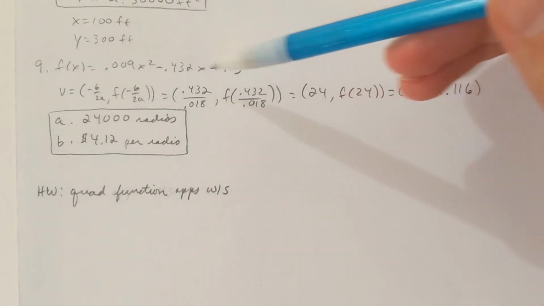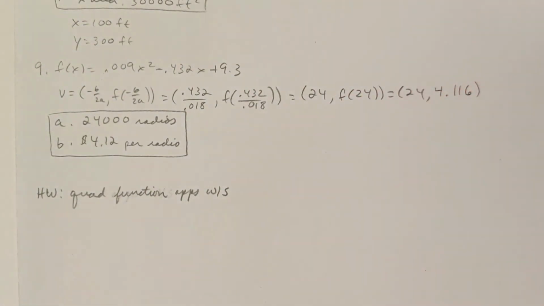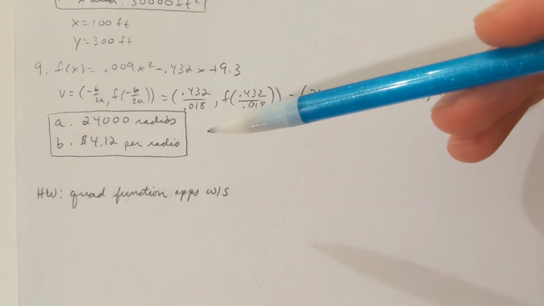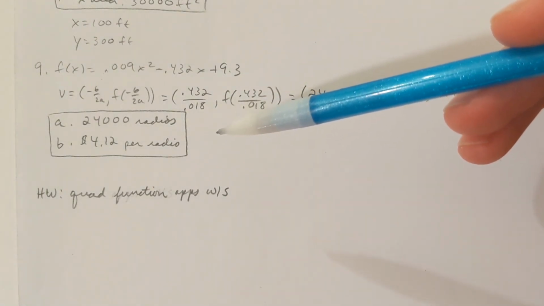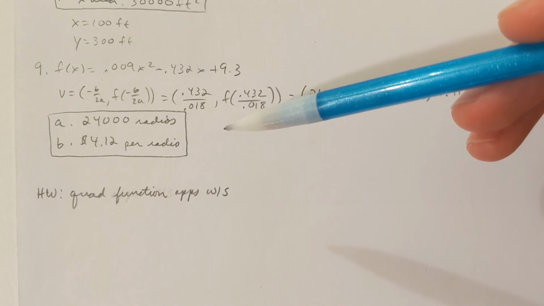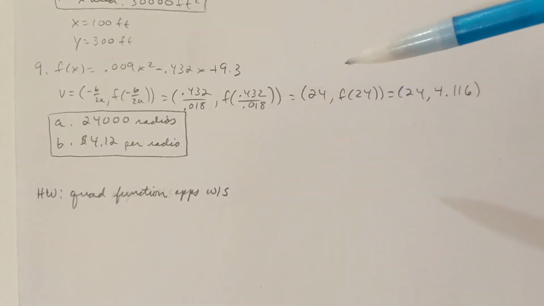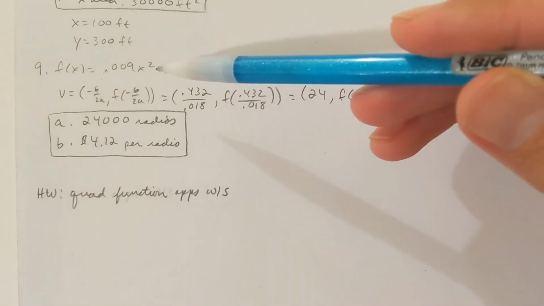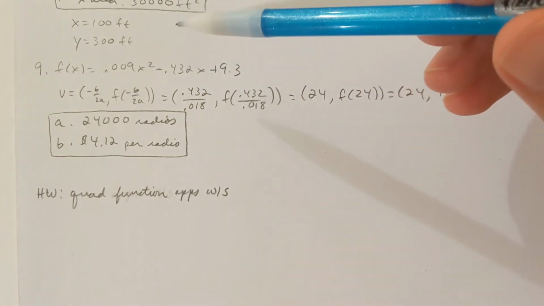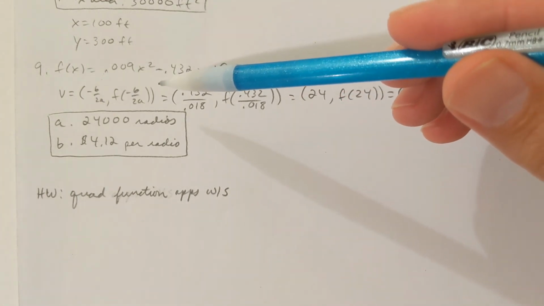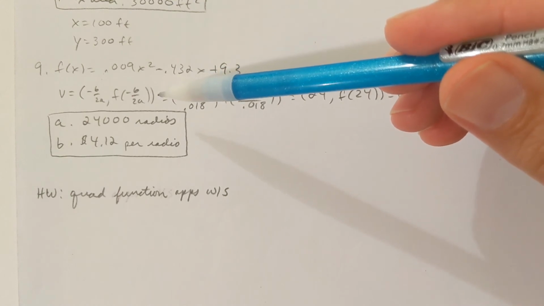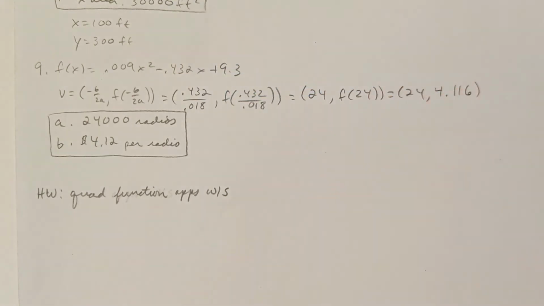Well, I've got the function written. Okay, now a key thing in both parts is the word minimized. Okay, so in other words, we have a parabola that has a positive a value, so it opens up, and in other words, I want to find the minimum point on the parabola.